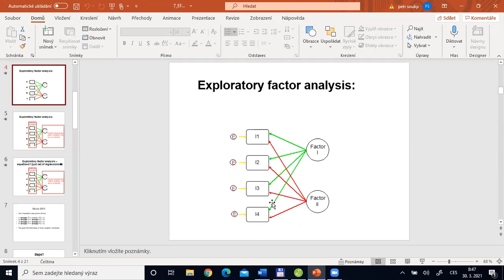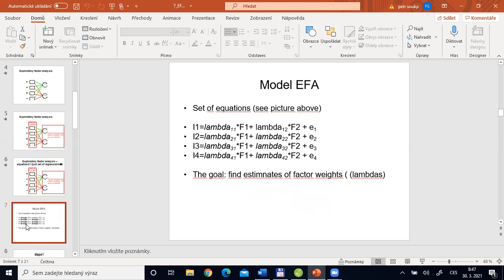So that's what must be solved technically, and that's what I need to perform in a statistical package, as computation of exploratory factor analysis by hand is very, very time consuming. It would take hours to compute even such a simple example as we have here.